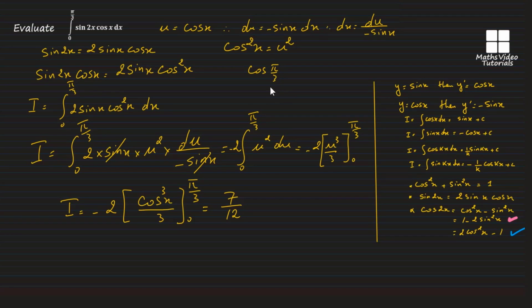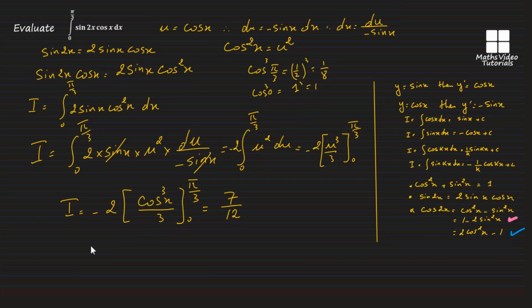I did this without a calculator because we know that cos pi over 3, you can use degrees as well, this is 60 degrees, right? 180 divided by 3 is 60 degrees, which is a half. Now you elevate it to power 3, so it's going to be 1 over 8. And then we know that cos 0 radians is going to be 1. Same thing, you elevate to power 3, you get 1.